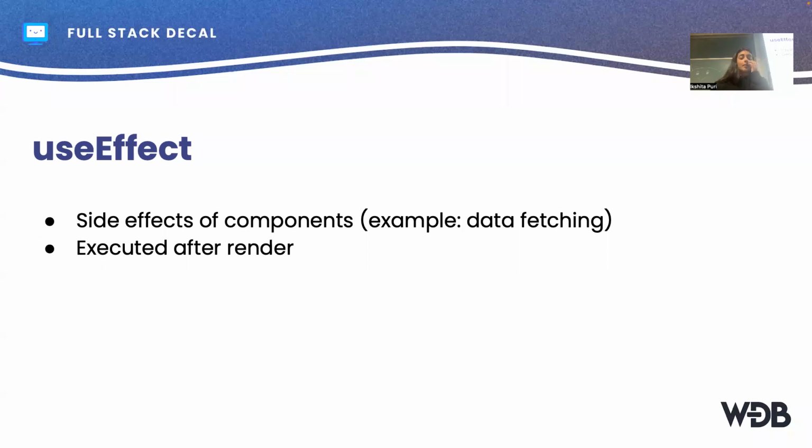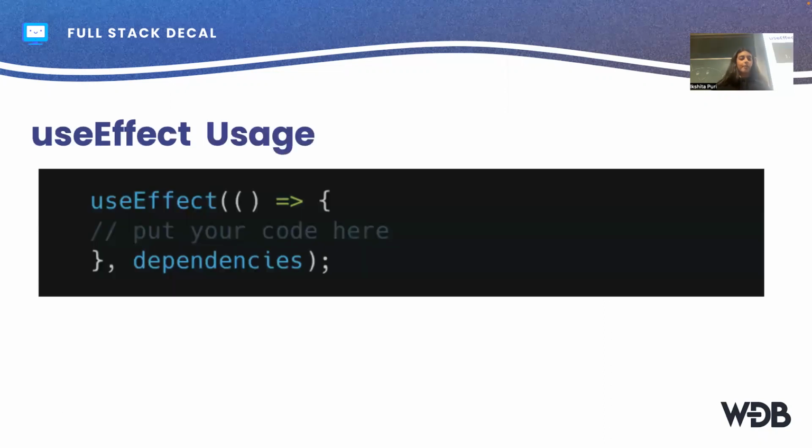So use effect is another hook. You can sort of think of it as side effects of a component. You want to do some data fetching, you want to call other APIs. You'll be doing that inside of our use effect function, and it's executed after render. So once each component is rendered, then use effect is executed. That's what it looks like. It takes 2 arguments.